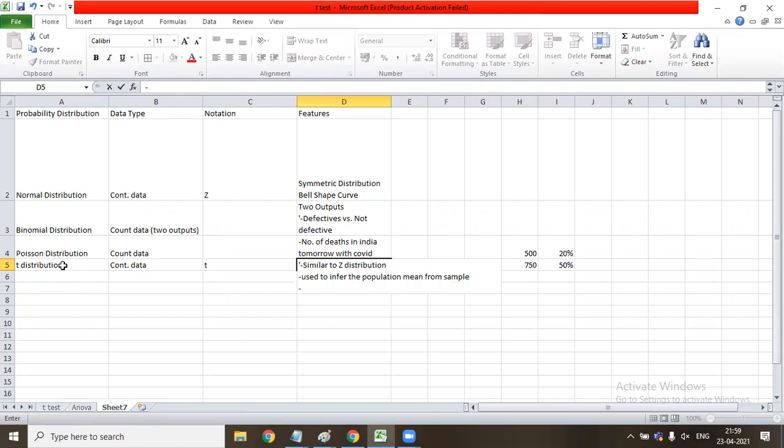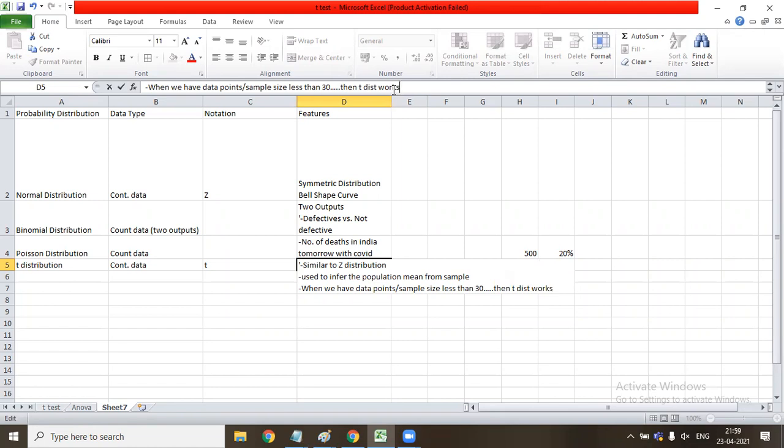Another point, and remember this is very important: when we have data points, that is samples, less than 30, and we need to estimate the mean, then the T distribution works.